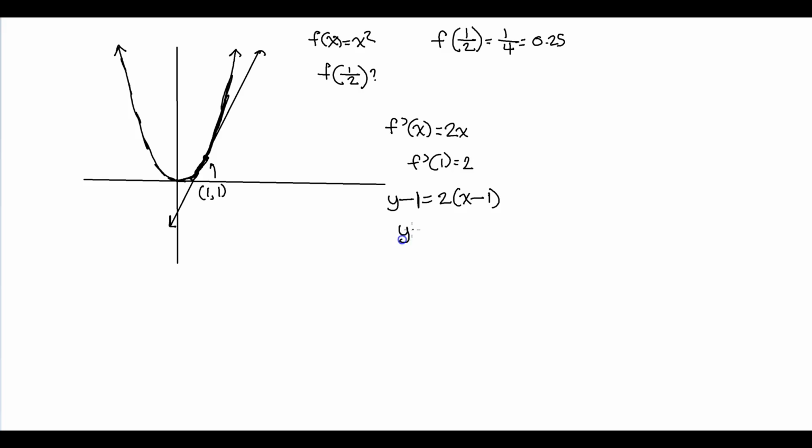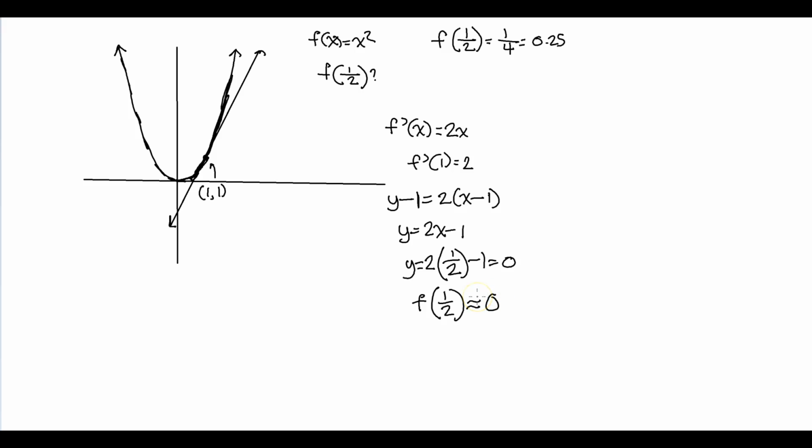So we get y equals 2x minus 1 if we solve for y. If we plug in 1/2, you get 2 times 1/2 minus 1, which equals 0. So f of 1/2 is approximately equal to 0.